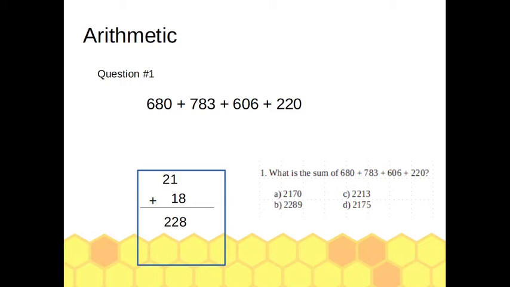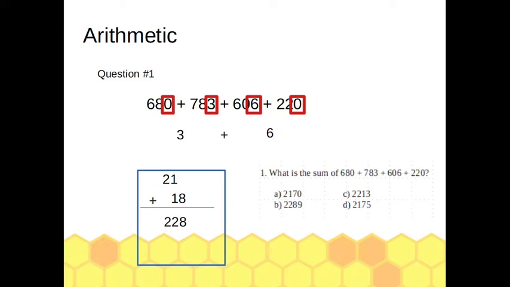Now we continue to the ones place, and the first two numbers are 0 and 3. Add them up, and the sum is 3. Now the second two numbers, which are the 6 and the 0, we add them up, and their sum is 6.